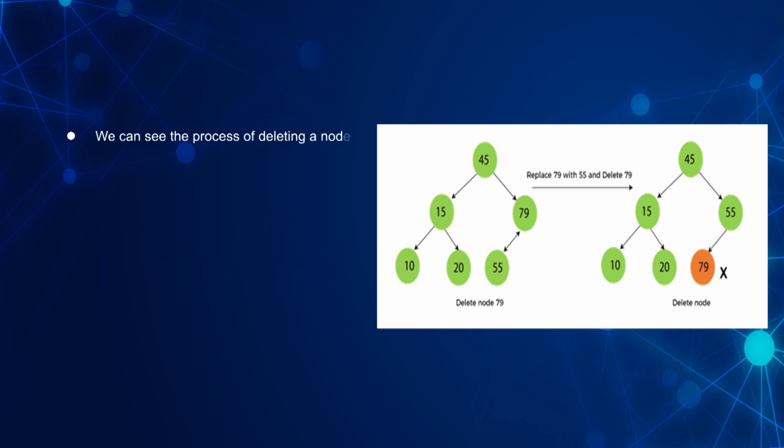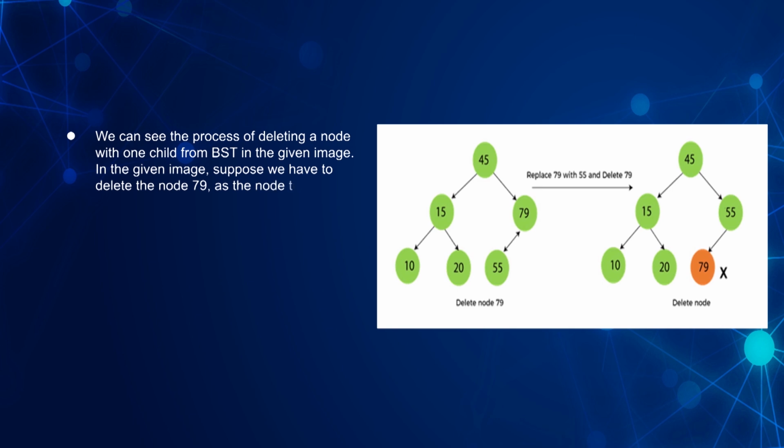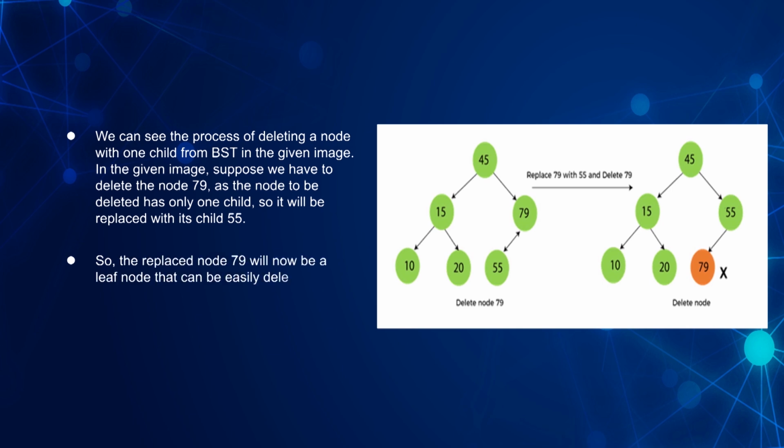We can see the process of deleting a node with one child from a binary search tree in the given image. Suppose we have to delete node 79. As the node to be deleted has only one child, it will be replaced with its child 55. So, the replaced node 79 will now be a leaf node that can be easily deleted.